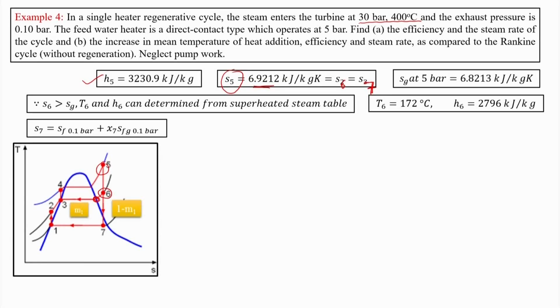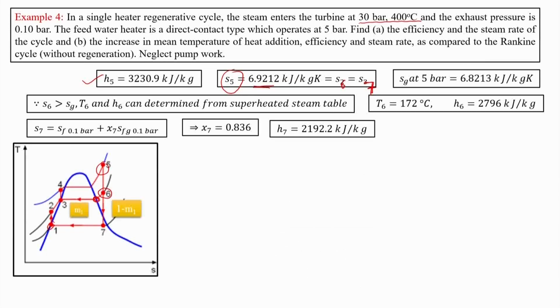Then we can also make use of S7 is equal to S5. So S7 is equal to SF at 0.1 bar, which is basically S1, plus X7, that is dryness fraction at 7, into SFG, the total change in entropy due to phase change at 0.1 bar. Then we know X7 is equal to 0.836.